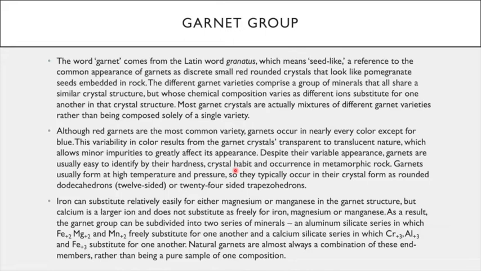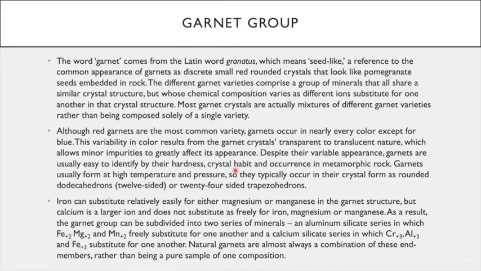Iron can substitute relatively easily for either magnesium or manganese in the garnet structure, but calcium is a larger ion and does not substitute as freely for iron, magnesium, or manganese. As a result, the garnet group can be subdivided into two series of minerals.